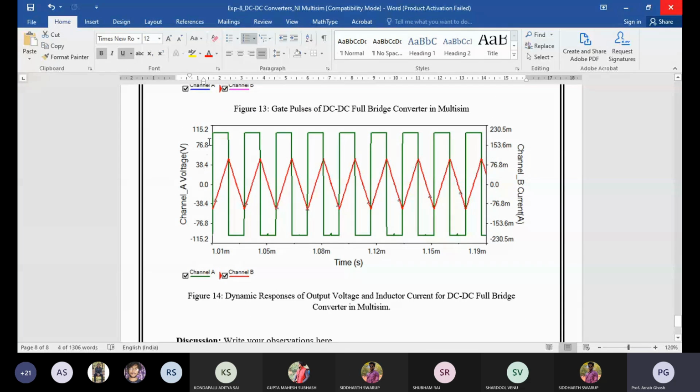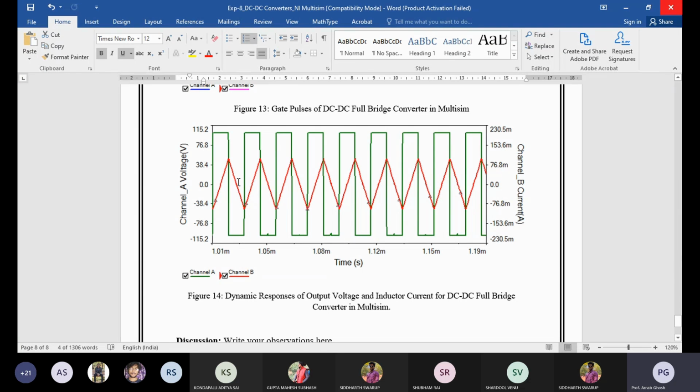It may come positive as well as negative based on your T off duration. If your T off duration is more, definitely the negative one will come. If your T on duration is more, the positive value will come. By this way you can control.